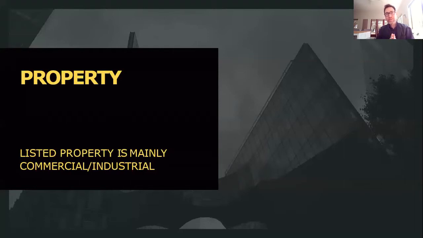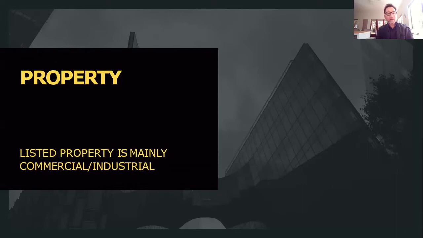Listed property is typically property trusts that are listed on the stock exchange, as opposed to owning a direct property asset like an investment rental property, or a direct commercial property with your own capital. So that is just one asset, one property, whereas a listed property tends to be diversified across a range of different office spaces.